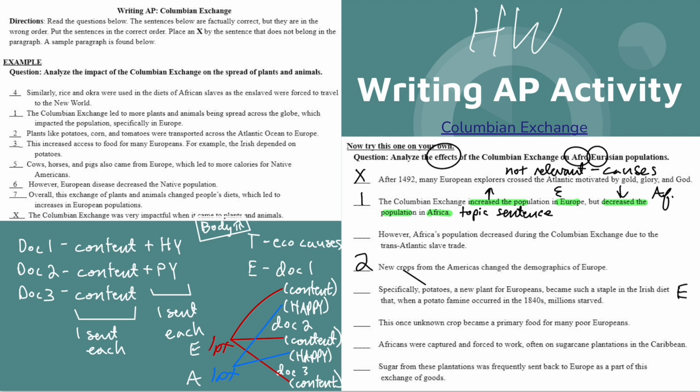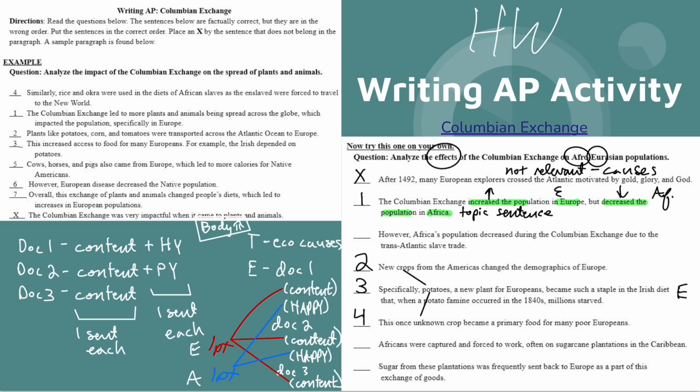That when a potato famine occurred in the 1840s, millions starved. This once unknown crop, that's talking about potatoes. So this sentence has to come after this sentence. So they're paired together. This once unknown crop became a primary food for many Europeans.